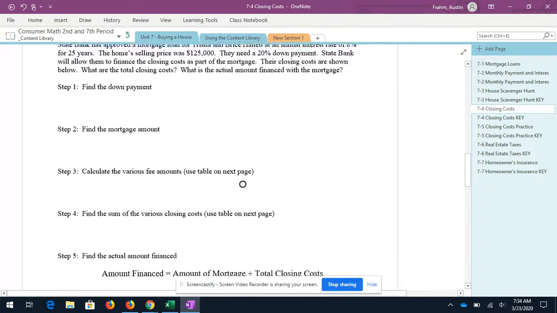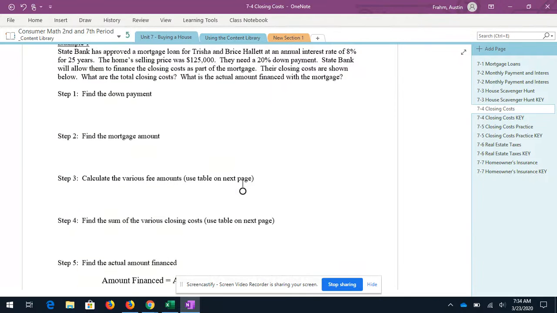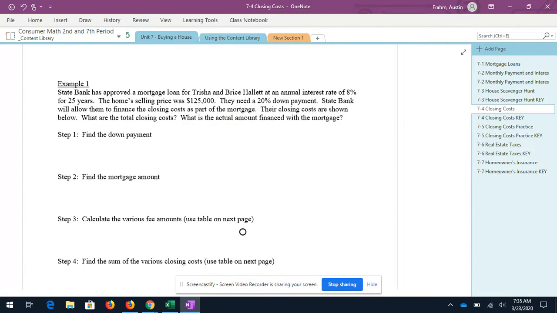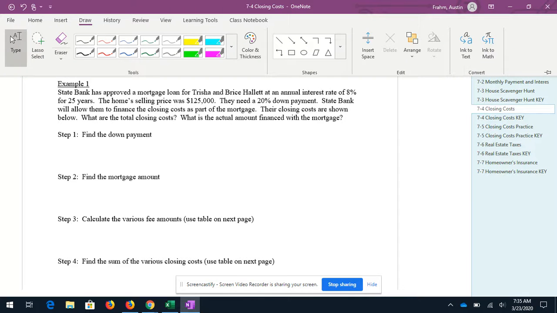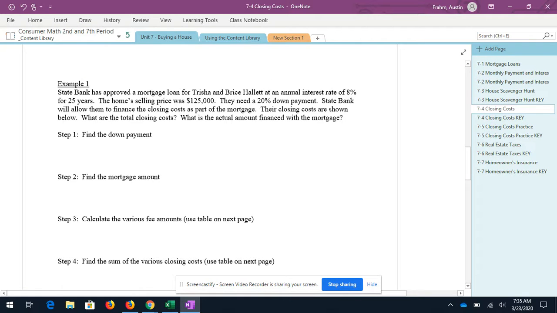All right, so you're going to see that this is a 5-step problem. Step number 1 is to find the down payment. We need to know the selling price of the house and the percent down payment. So to find the down payment, we take that selling price of $125,000 and multiply it by the down payment percentage as a decimal.